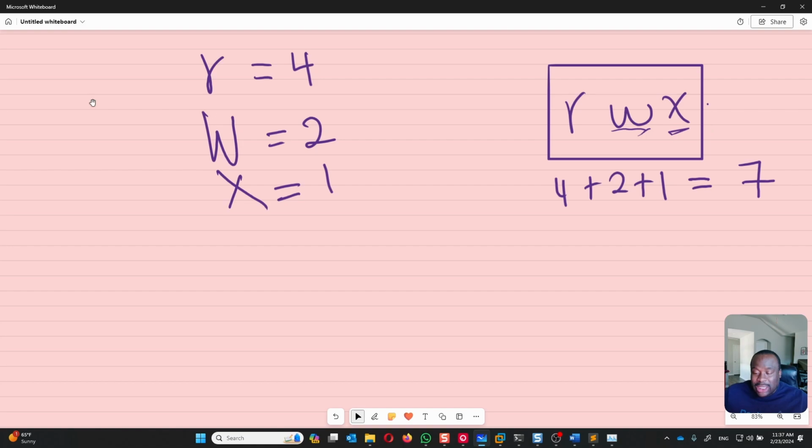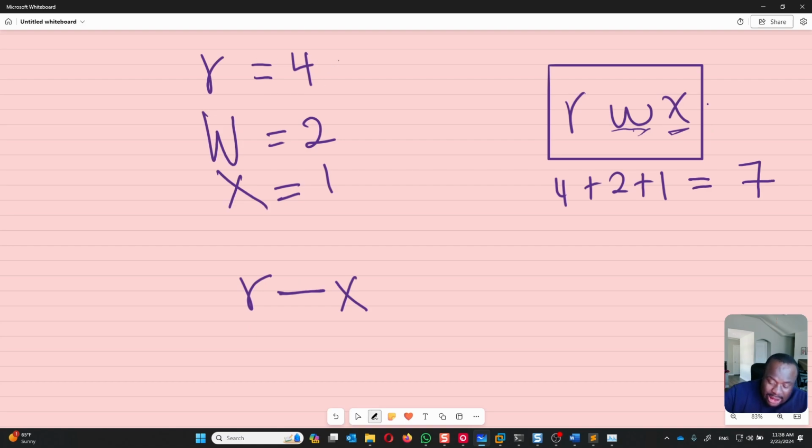Now, let's look at other possible combinations. What if I say the permission of someone is read, then execute? If you notice, I do not have a W. It's just a hyphen, which means there is no write permission. That means the permission here is just read and execute. So what's the value for read, guys?